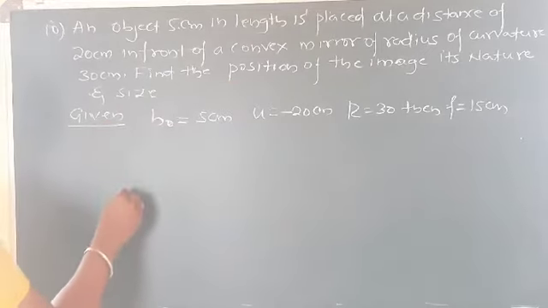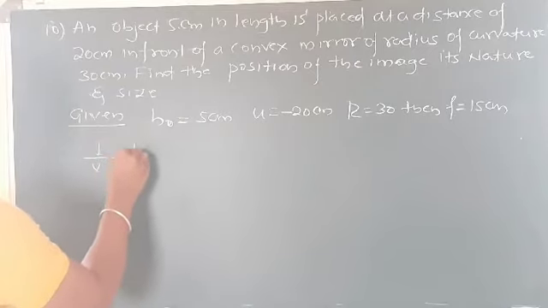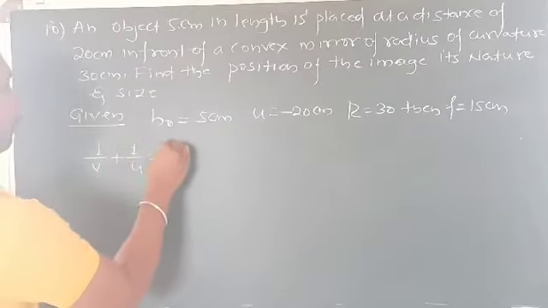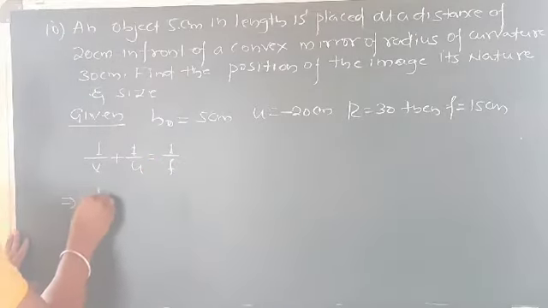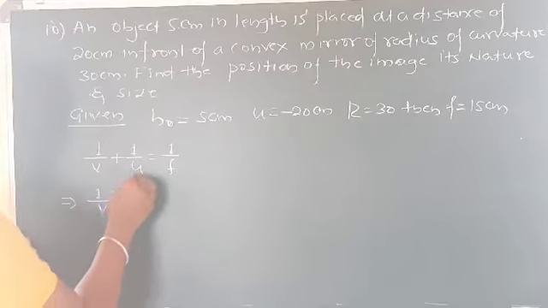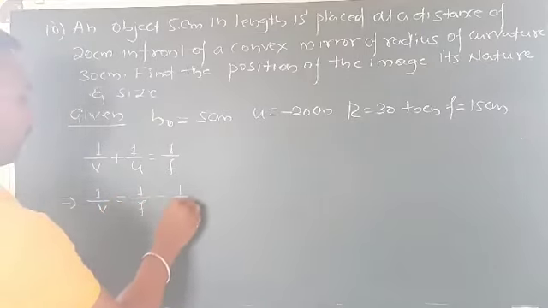So we need to apply the mirror formula here. The mirror formula is 1 by v plus 1 by u is equal to 1 by f. Now this implies 1 by v is equal to 1 by f minus 1 by u.